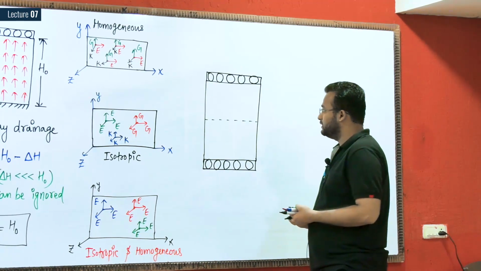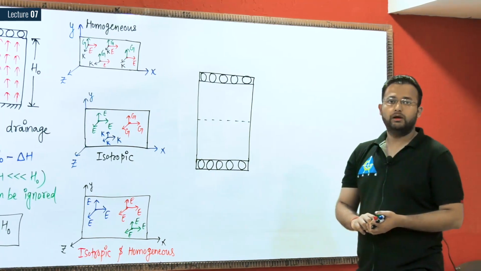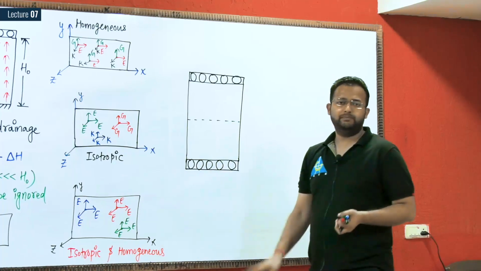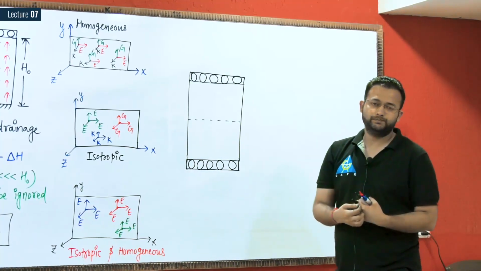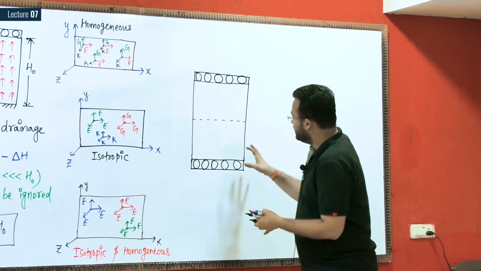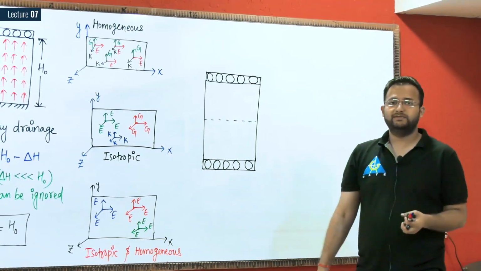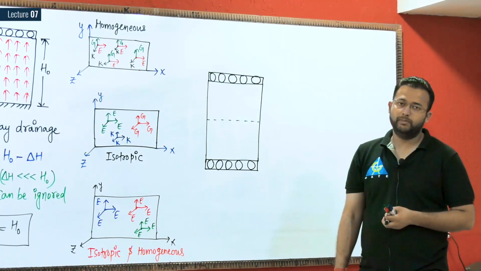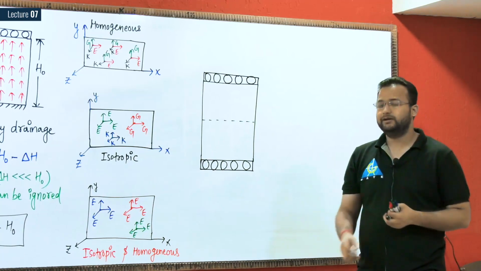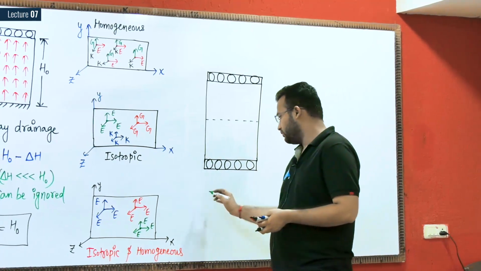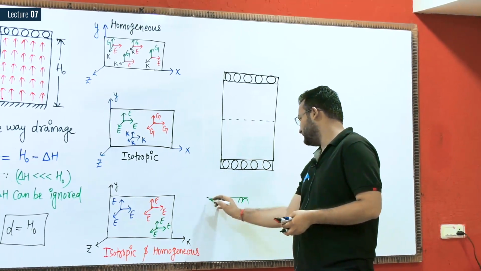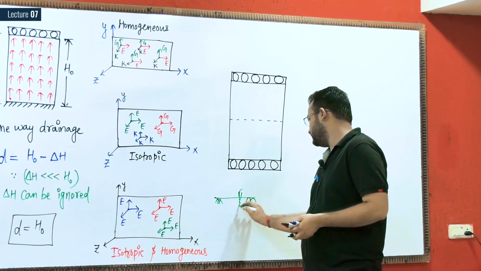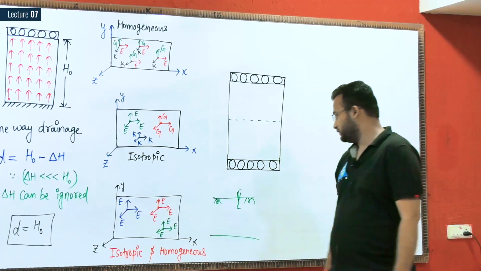Suppose I have prepared the experimental setup. Till now I have not applied the load. In the last class, you studied about primary consolidation, if you remember. We have one ground, something like this, which is fully saturated.